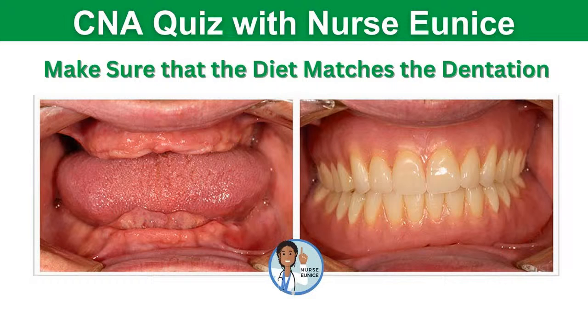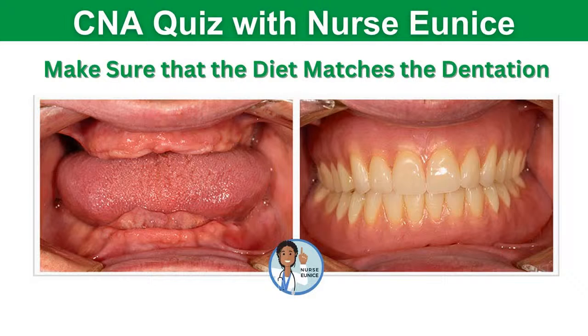Somebody who doesn't have teeth cannot take small bites, and I don't care what they do at home. Once they are in your care, you are responsible for them. So if she had ordered something and you obviously see she cannot take small bites, I'm going to need my CNAs, who are such great caregivers, to literally sit there and cut up all of the food. And then when you get through cutting the food, you're going to come and let me know what happened.